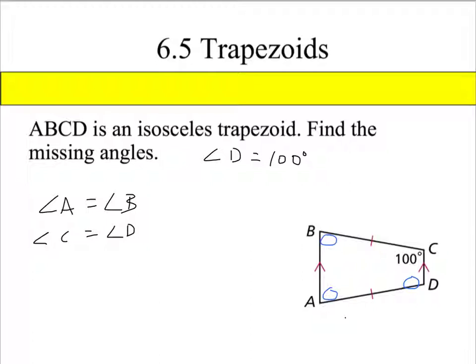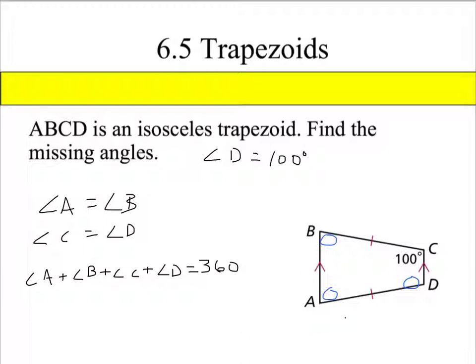What is that theorem? It means that angle A plus angle B plus angle C plus angle D is going to be equal to 360.